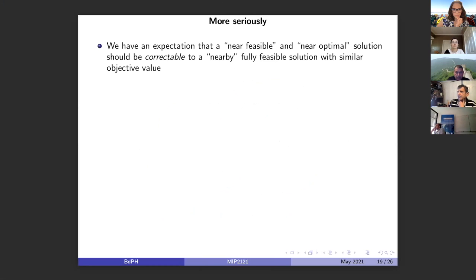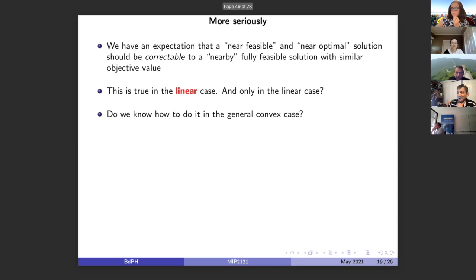More seriously, some of us may think that if we have a solution to a system of algebraic inequalities and it's nearly feasible, well, we should be able to correct it by moving appropriately in some direction. What direction? I don't know. But we may think that this is possible, which is true in the linear case. Maybe only in the linear case. Do we even know how to do it in the convex case?